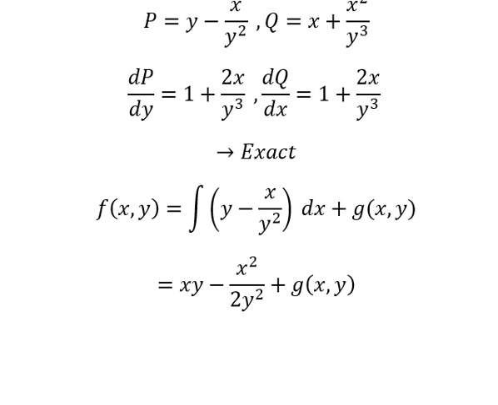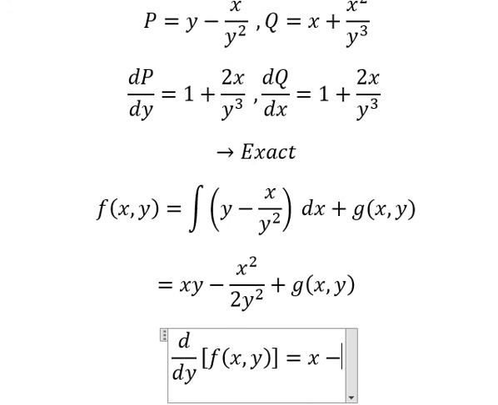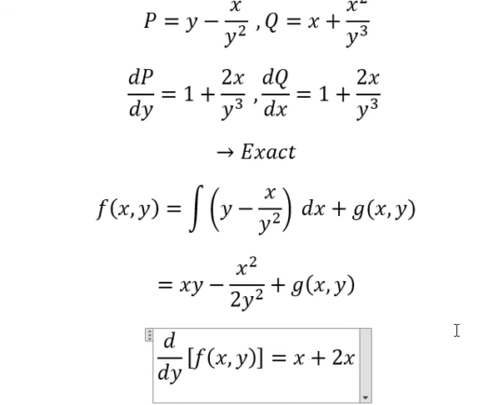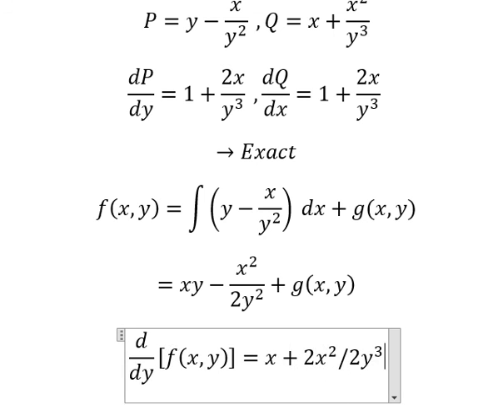Later we do first the derivative of the function with respect to y. So this one we have s minus, and we have positive 2s squared over 2y to the power of 3.